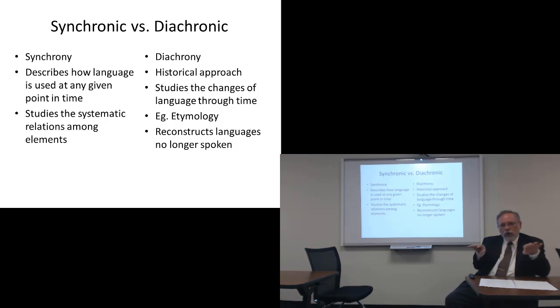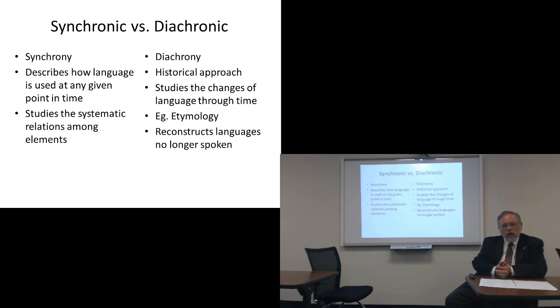You look at the rules, how does English work in that particular point in time. So the synchronic approach is what we think of today as linguistics. The diachronic approach is what we think of as historical linguistics, okay? And that is more, as I said, the evolution of language.